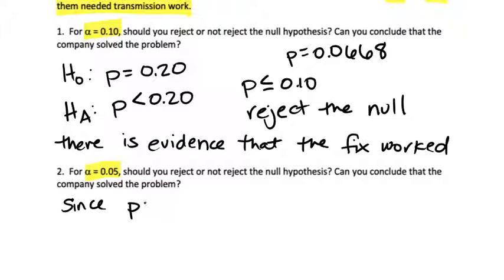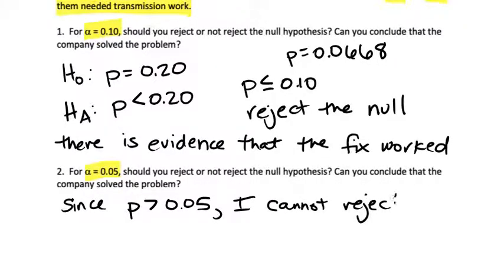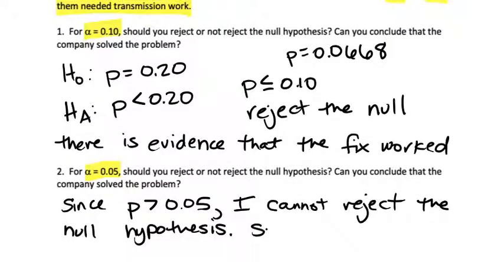So since p is greater than 0.05, I cannot reject the null hypothesis. So I can't conclude that the company has solved the problem, or I don't have enough evidence to say that the company has solved the problem.